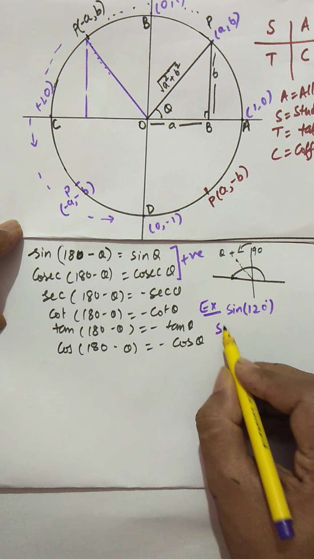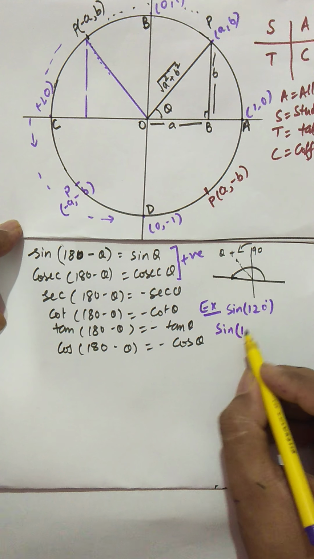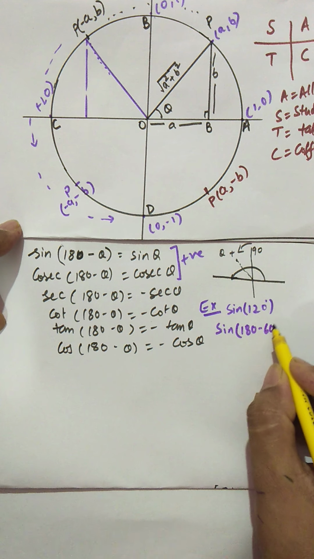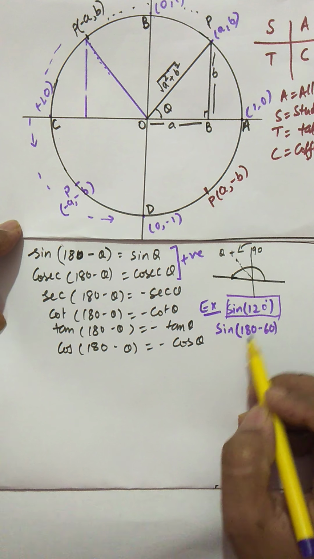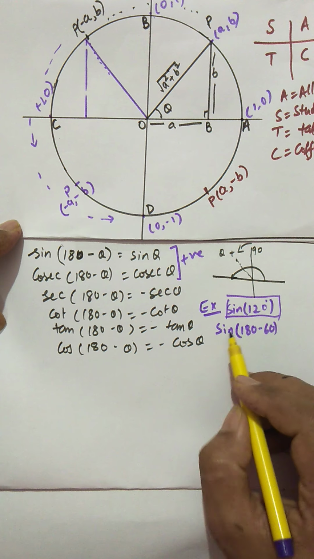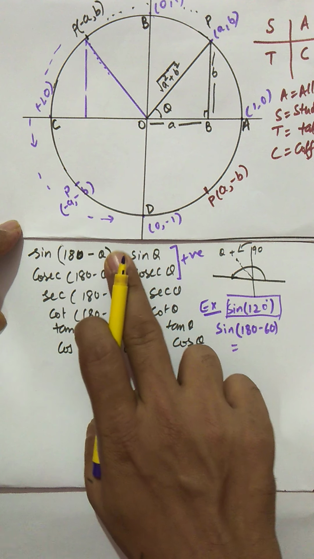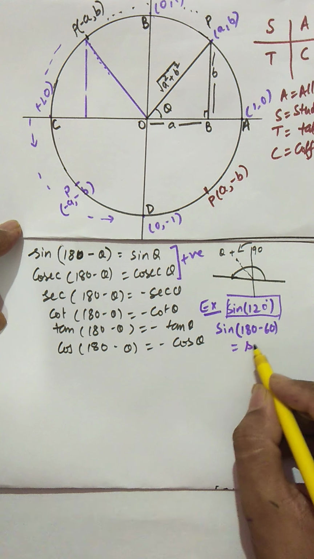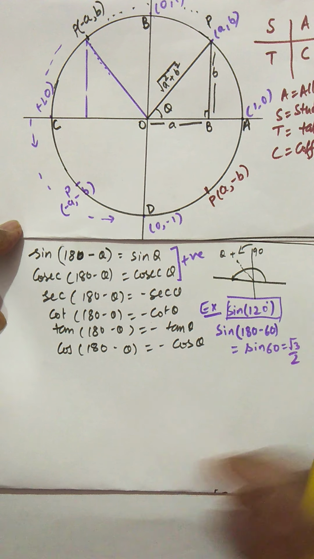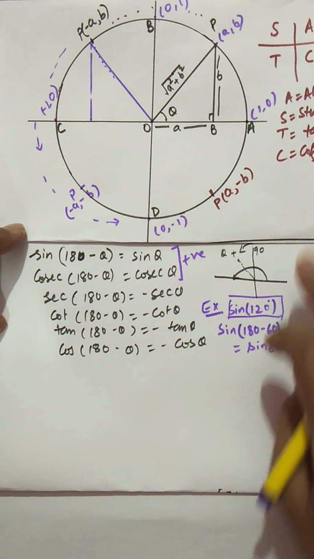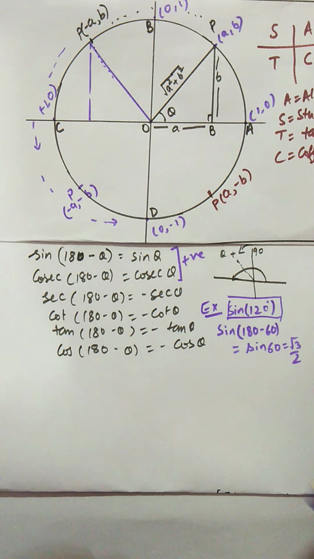The first way is that you write sine 180 minus 60, because 120 can be obtained by changing 120 as 180 minus 60. So according to this rule, this will be sine 60 degree, and this value is root 3 by 2. So the value of sine 120 is going to be root 3 by 2.